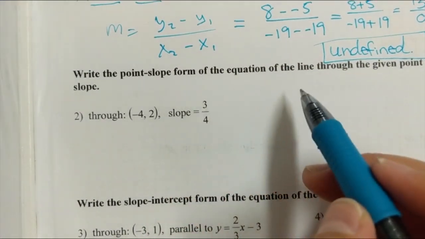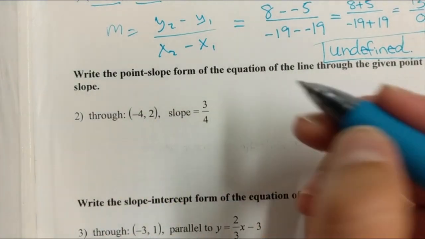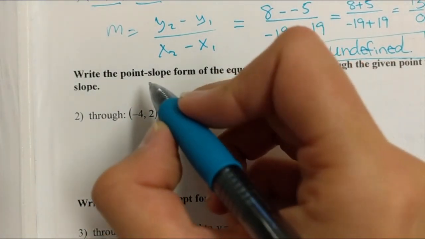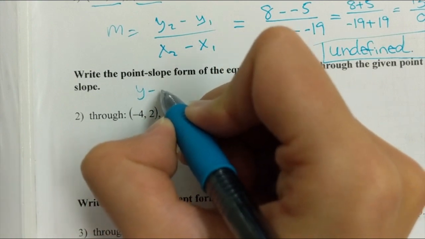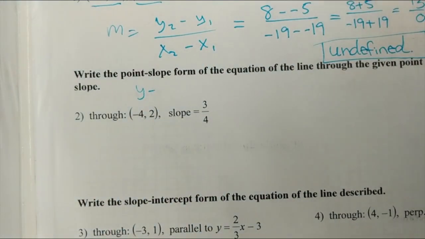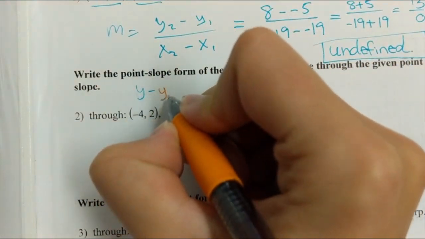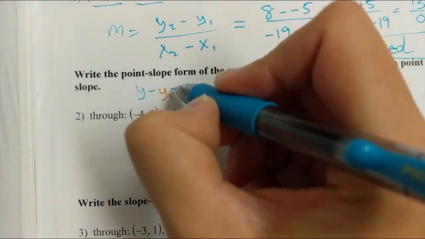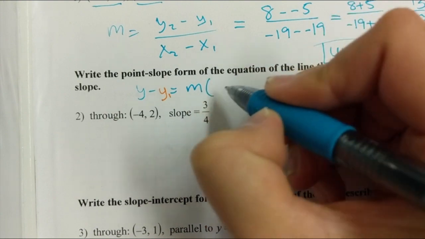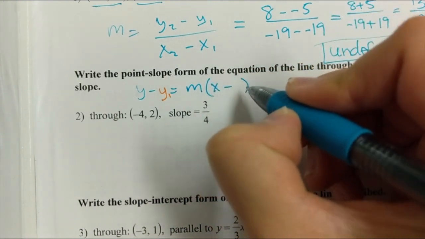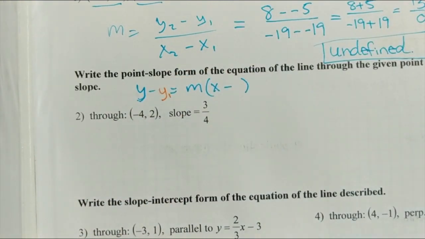All right, write the point slope form of the equation of a line with the given point and the given slope. Point slope form is y minus y1 equals m times x minus x1.